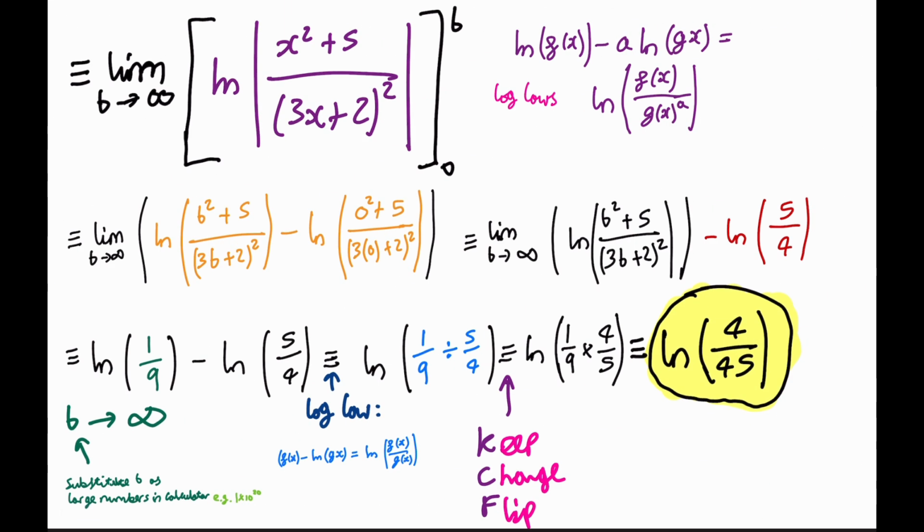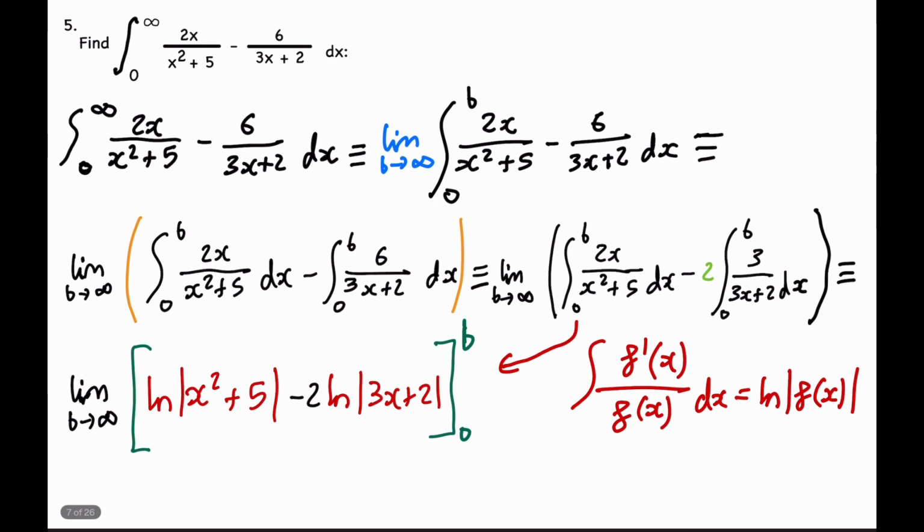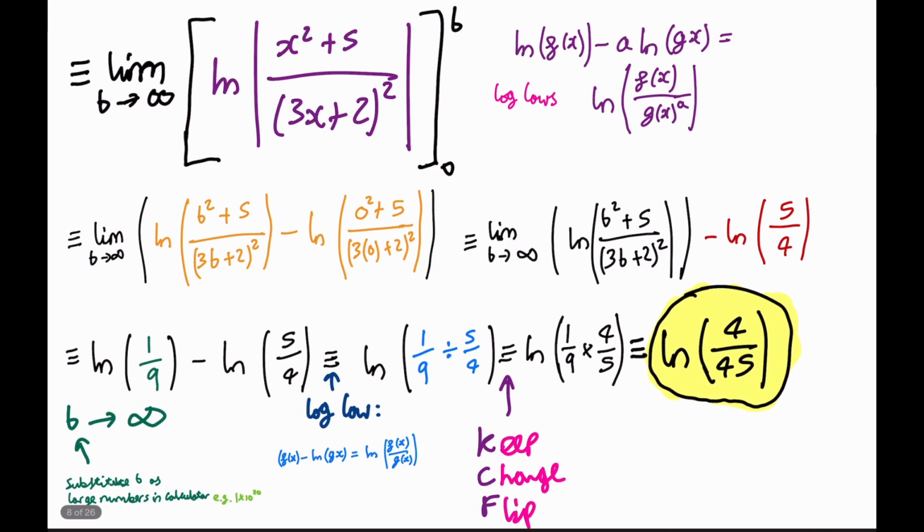And because of log laws, because we have a function take away a multiple of ln of another function, when we do take away, we can leave it in terms of a fraction inside of the ln, and because we have a multiple outside, we can raise to the power of whatever's in the inside.